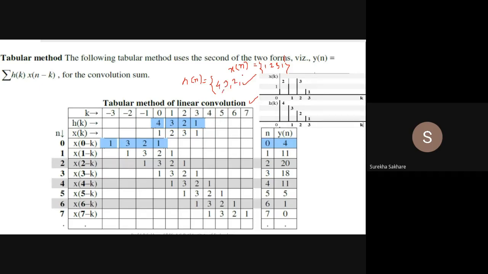This is the bracket method of representing. So hn and xn you had.